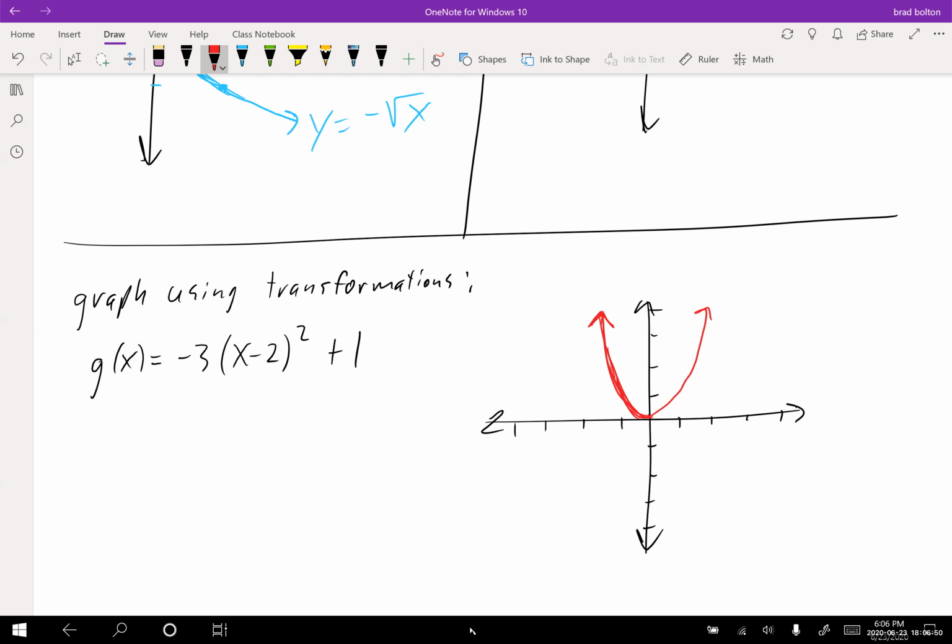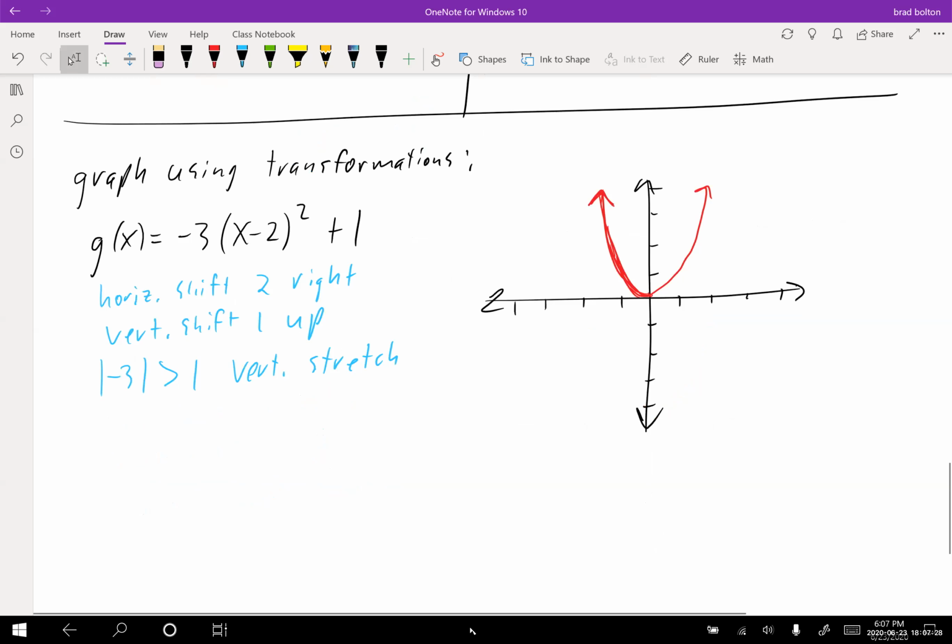Okay, now we're going to think of our shift. So we have a horizontal shift 2 to the right, a vertical shift 1 up, and since the absolute value of -3 is greater than 1, we have a vertical stretch.